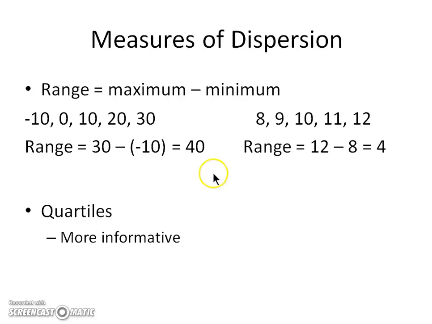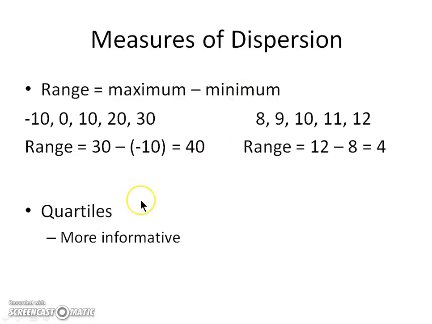Of course, the bigger the range, the more spread out your data is. However, because range only considers the maximum and the minimum, we don't really know what happens in between.